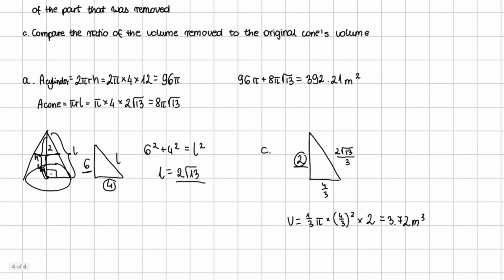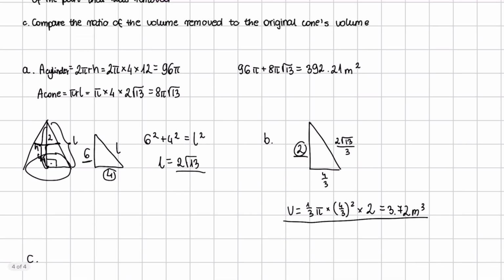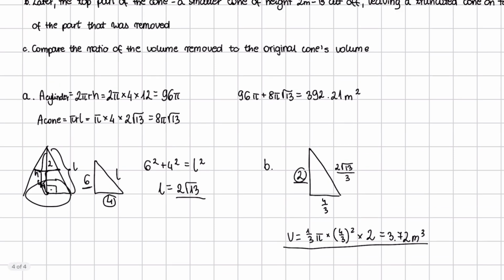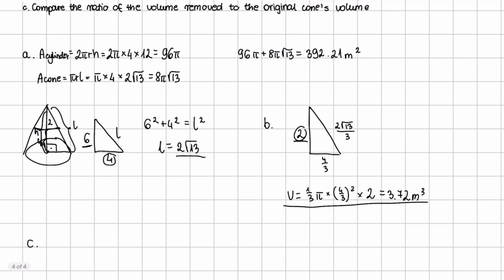And C, compare the ratio of the volume removed to the original cone's volume, and sorry, here was B. So we have to compare this volume to our original cone's volume. However, we haven't calculated it before, so now we can calculate our volume of the original cone.